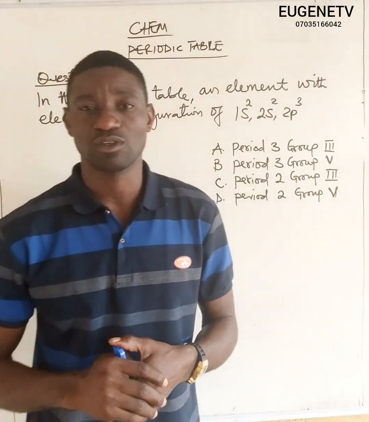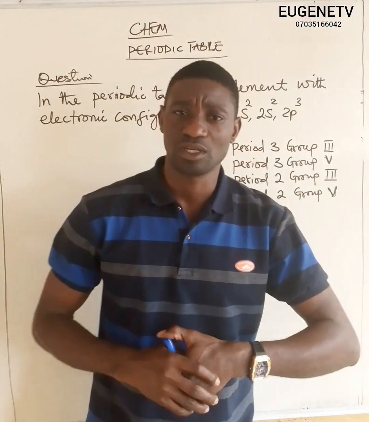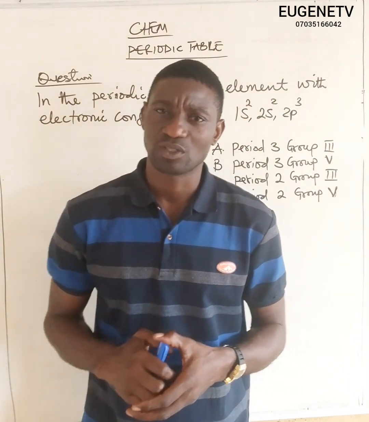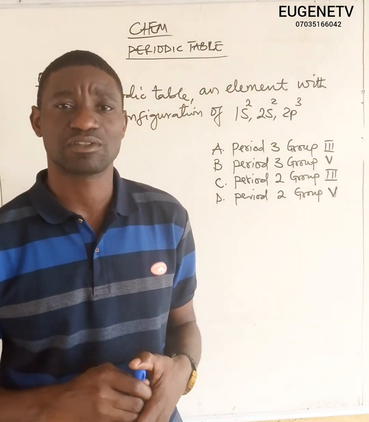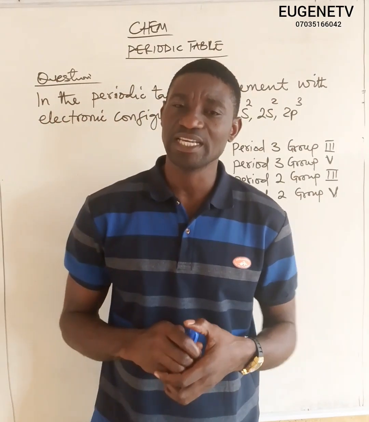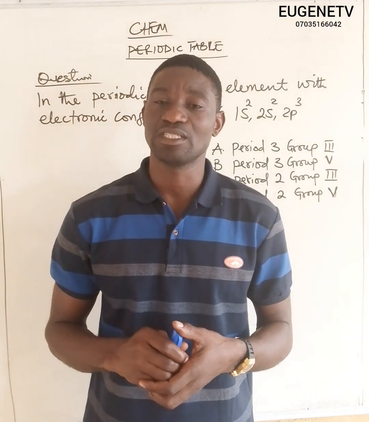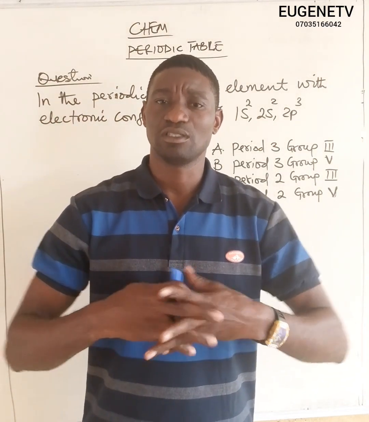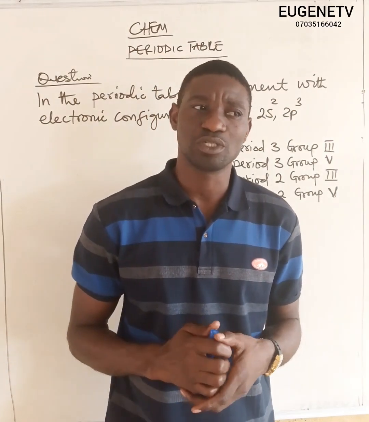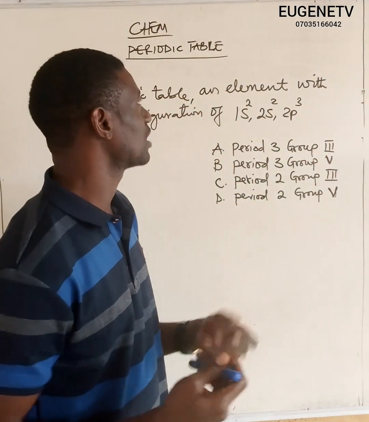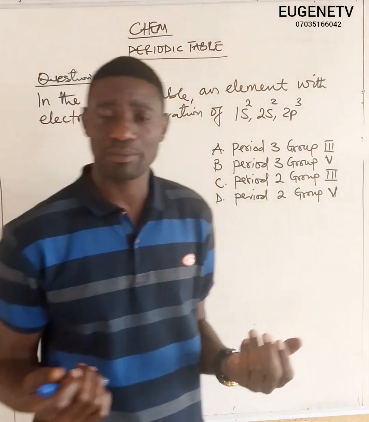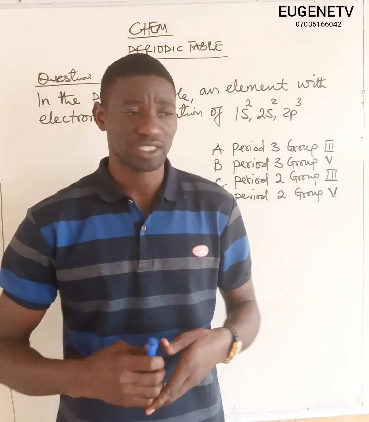We already know, for those of us who are science students, that one of the major classifications in science is the classification of elements into different groups and periods. So in chemistry, there is a chart called the periodic table. What do we mean by the periodic table? It is not just an ordinary table.